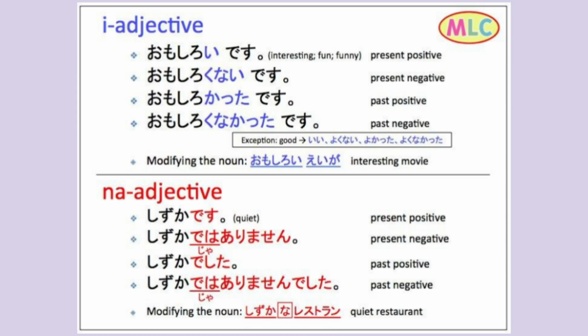Another chart still gives you the exact same endings that we talked about. This chart has the de wa arimasen and ja arimasen, just as an example of that, but you can always replace it for janai. And fun fact, for the na-adjective part, ja arimasen, arimasen is the polite form of aru.